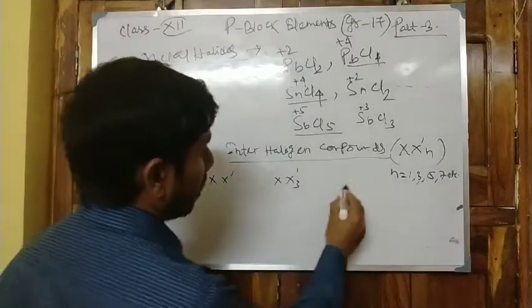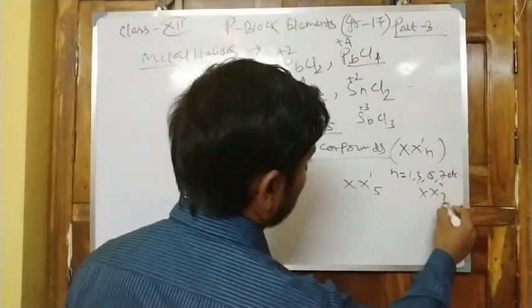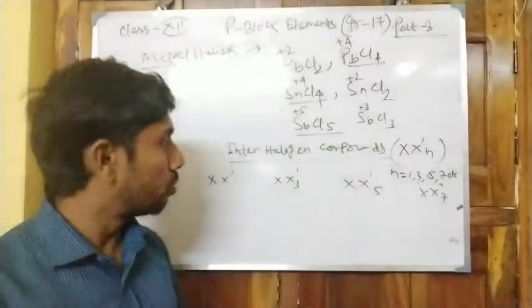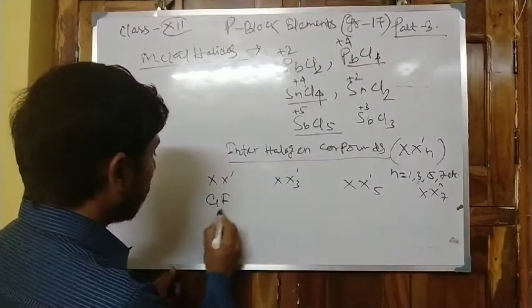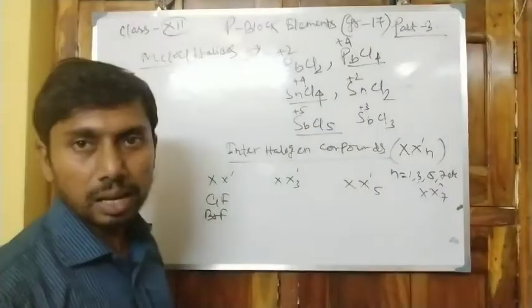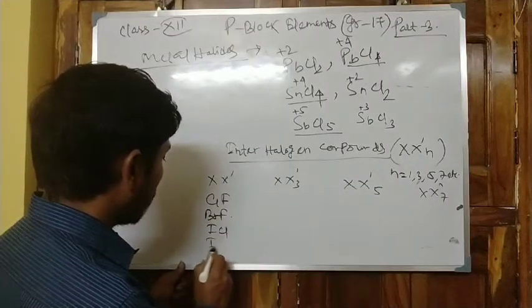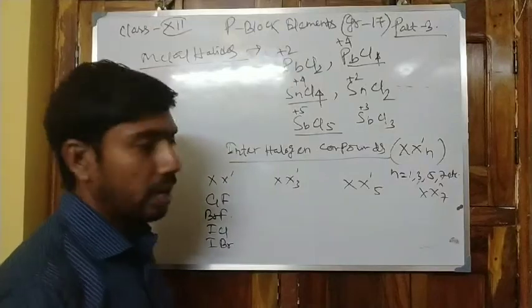So first of all XX'. Examples are ClF, BrF, ICl, IBr. These are examples of the XX' type.